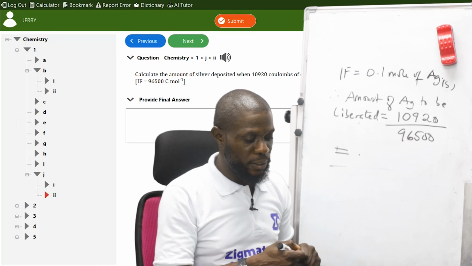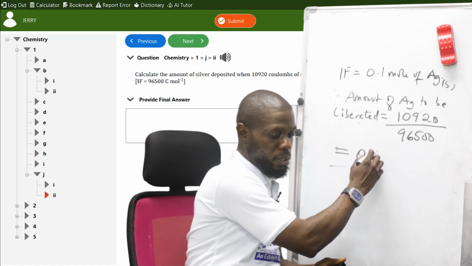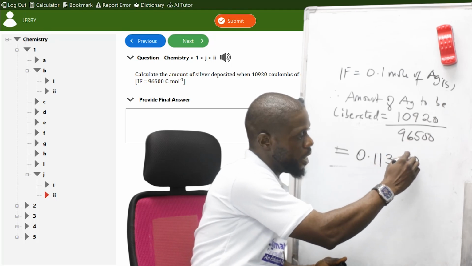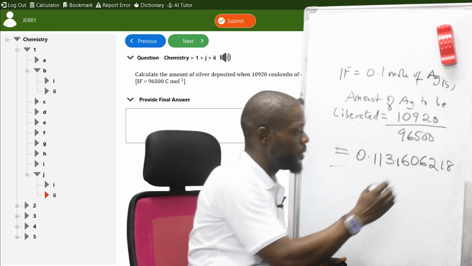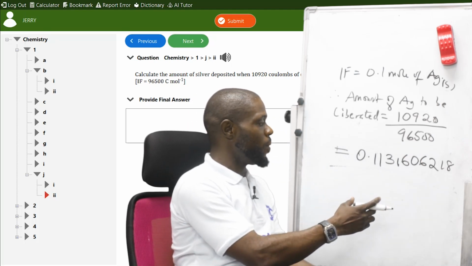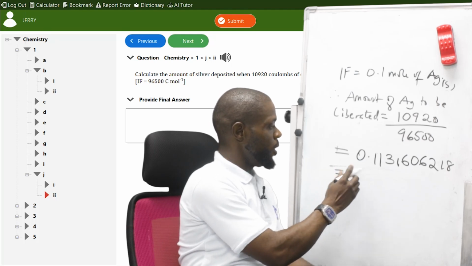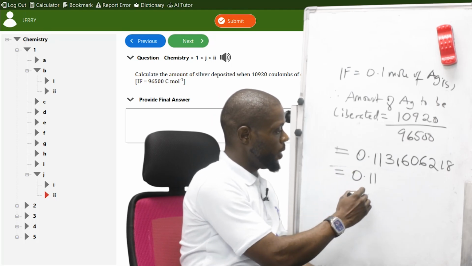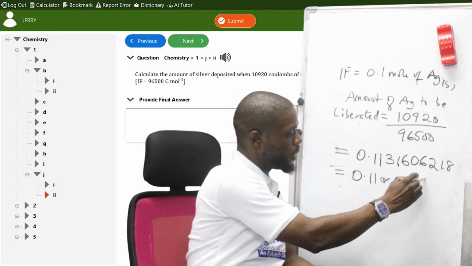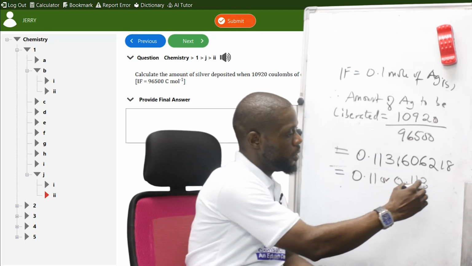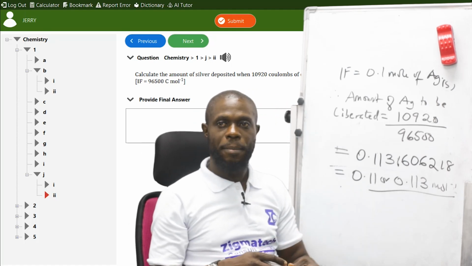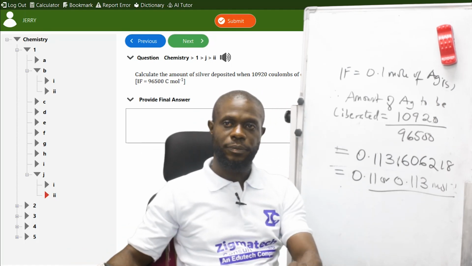The answer is 0.1131606218. To 2 decimal places, that will be 0.11, or 0.113 moles. That's the amount of silver that will be deposited.